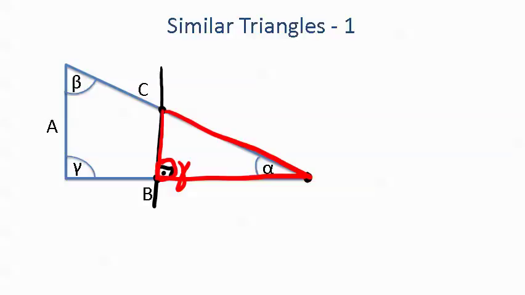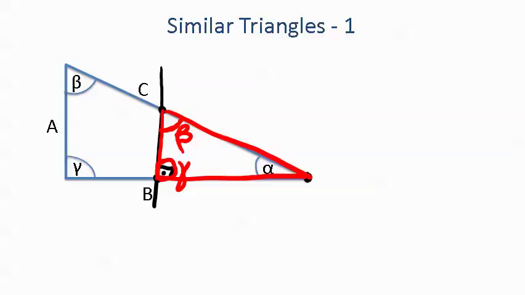So in this particular case, since the blue triangle has angles alpha, beta, and gamma equals to 180 degrees, the red triangle has angles alpha, gamma, and this unknown angle here must be equal to 180 degrees. It is obvious that this unknown angle will be equal to the angle beta. We can also assess that if we understand parallel lines.